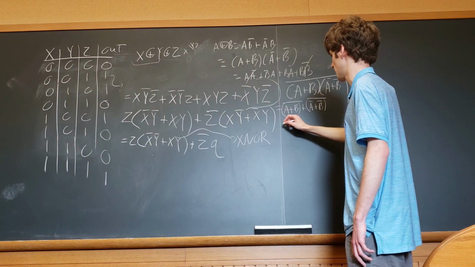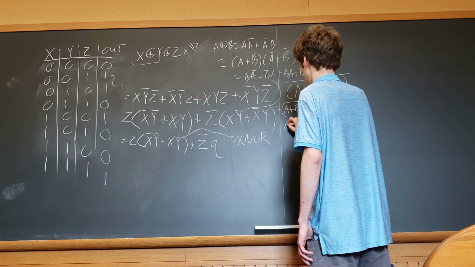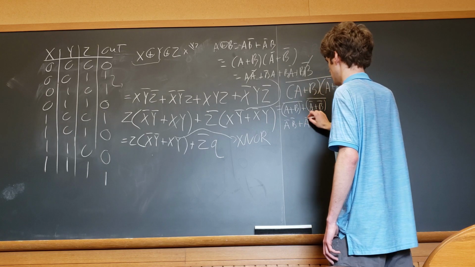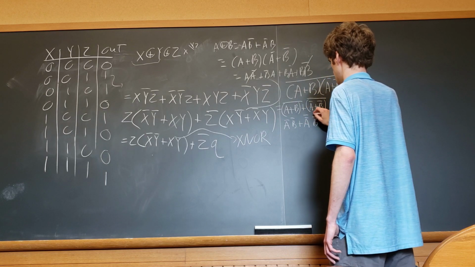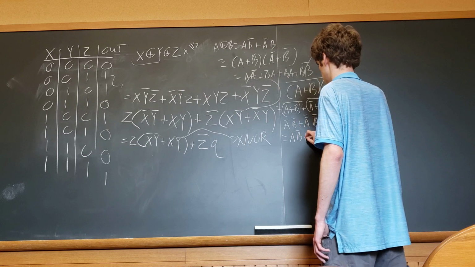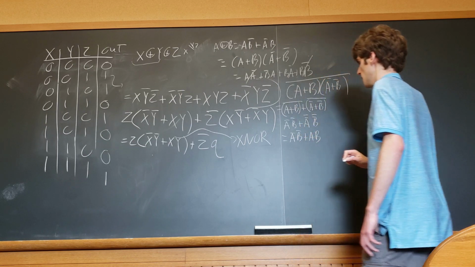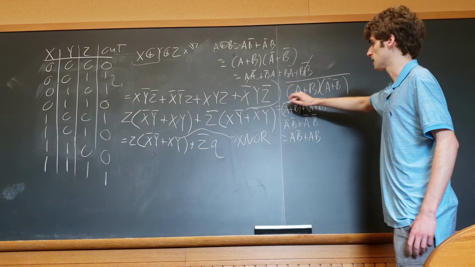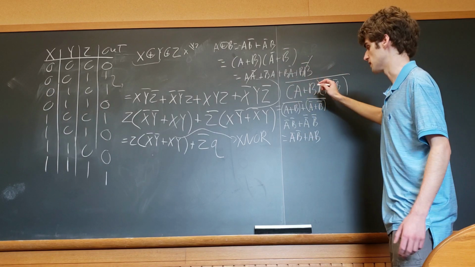And using De Morgan's again, we get A naught B naught plus A naught naught B naught naught, which equals A naught B naught plus AB. And the way that I got this was just by inverting my XOR expression.